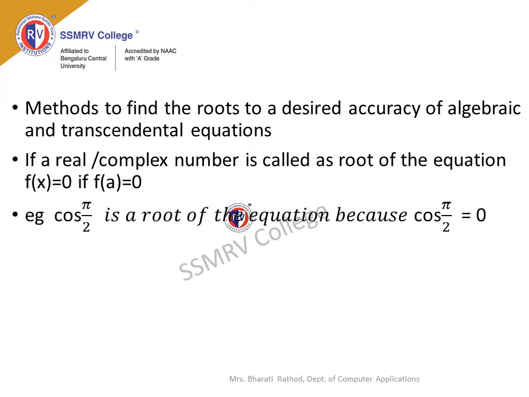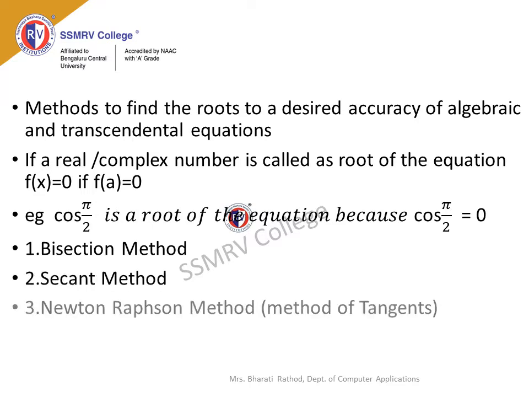Example: cos(π/2) is a root of the equation because cos(π/2) = 0. Now we will study the following methods for obtaining the roots to a desired degree of accuracy: bisection method, secant method, and Newton-Raphson method, which is also known as the method of tangents.